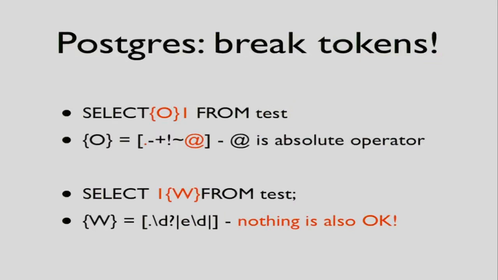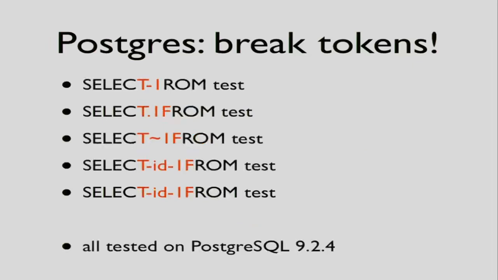It turns out to be even more flexible. You can not even translate anything. You just do select -1 and it will work. The tokenizer will find the number and the operator will be divided, so this request will go into the base.